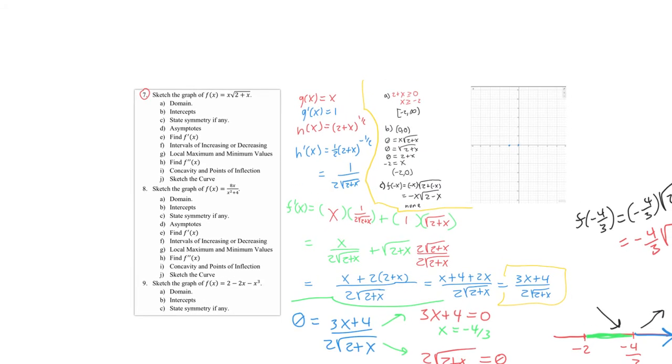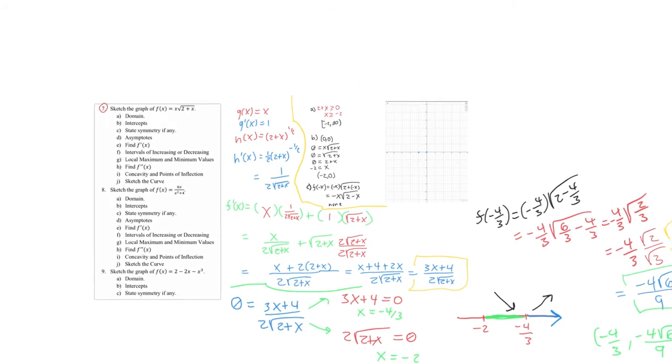Find the second derivative of f of x. So the first derivative was given here. If we take the derivative of that, that's going to be a quotient rule scenario.